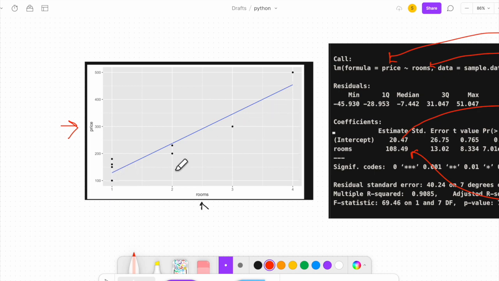Now to understand the accuracy of a model visually, you see there are certain points which are nearer to the line and certain points which are away from the line. The more points which are near to this blue line, the more accurate our model is.